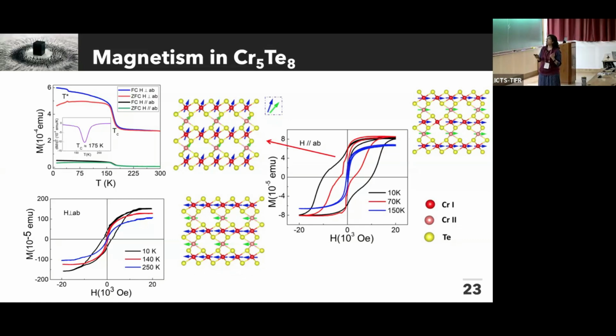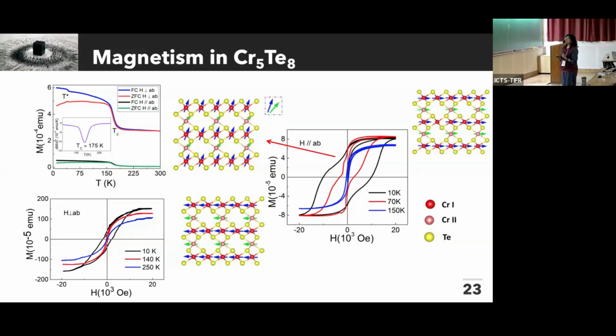One is the exchange interaction for the chromium in the sublayers, and the other one is the exchange interaction energy for the intercalant chromium atom. And you see that there is also a large perpendicular magnetic anisotropy, which is coming from this MT curve. This is the hysteresis curve, which again shows that these are ferromagnetic.